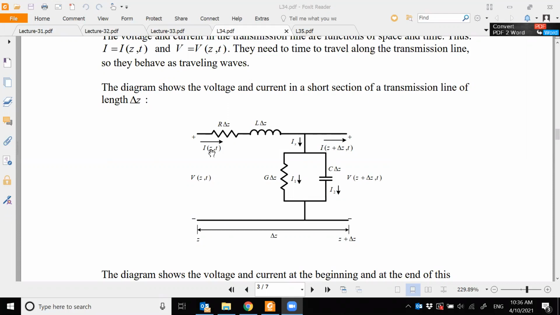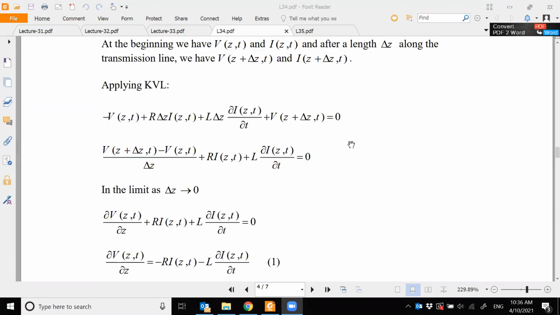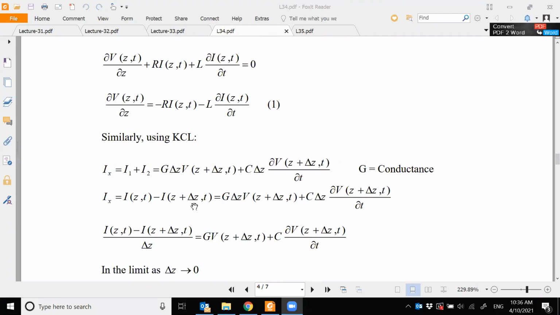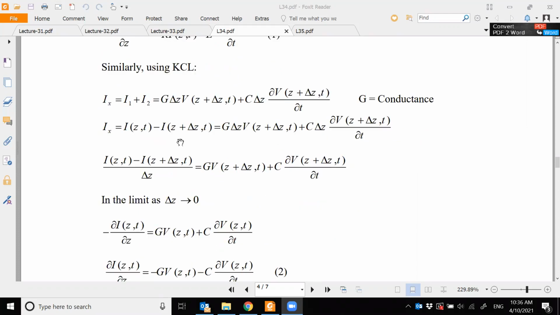So this current is I(z,t) minus this current, which is I(z+Δz,t). So this is my left hand side, and this is my right. Now if I first divide it by Δz, then I will get this right hand side.